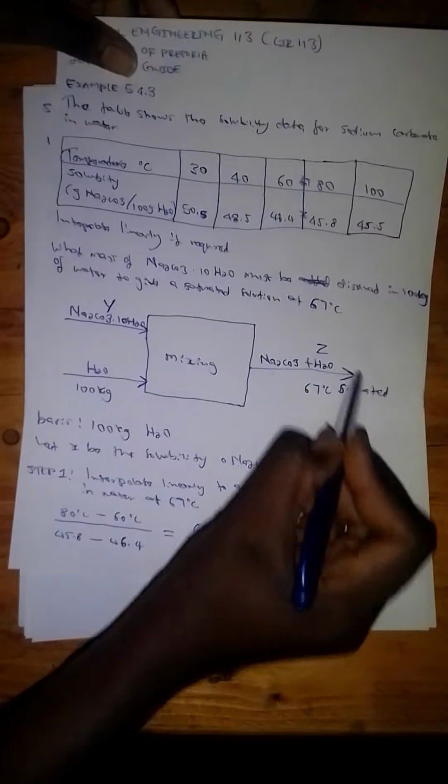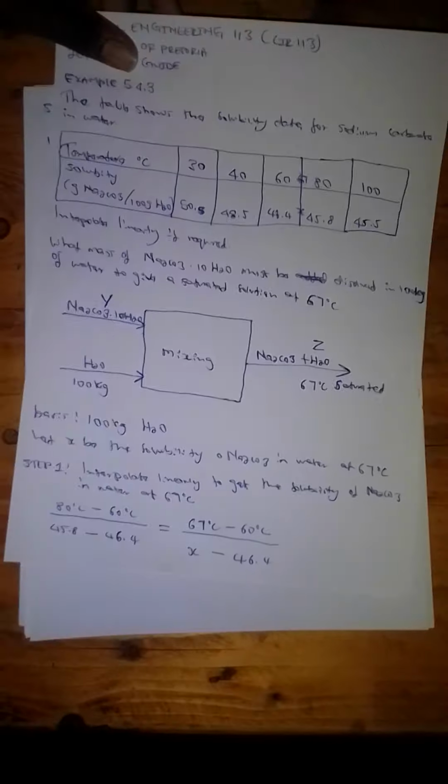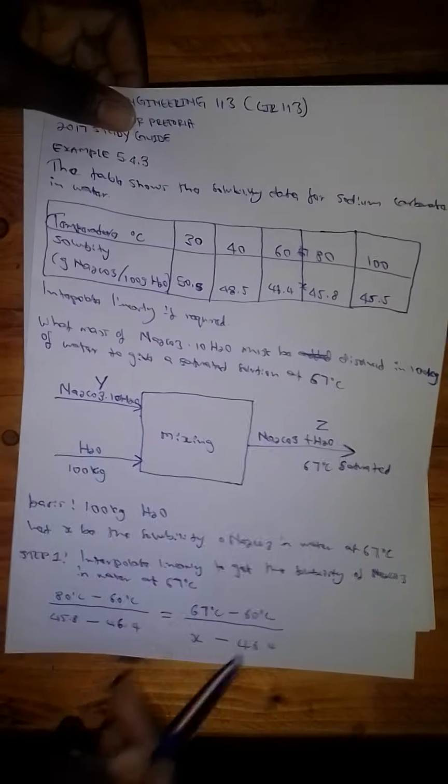Our Z, which means the total mass, is 678.89 kilograms. So we have managed to solve our Z.